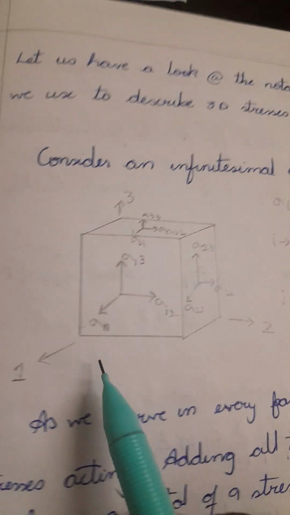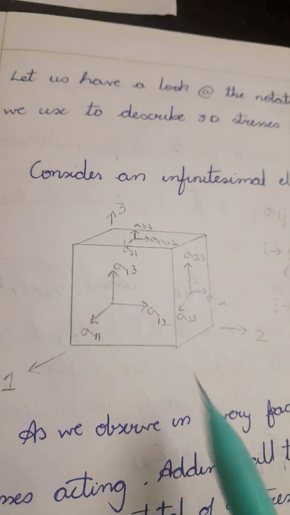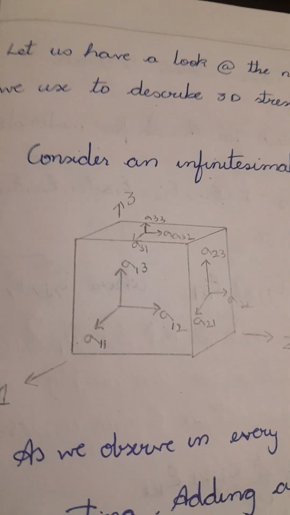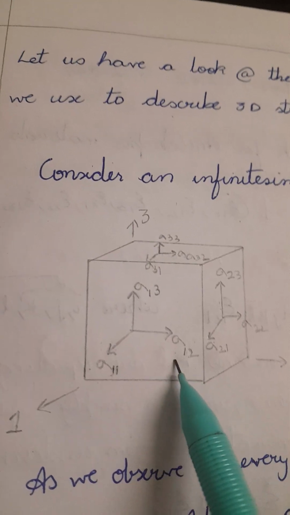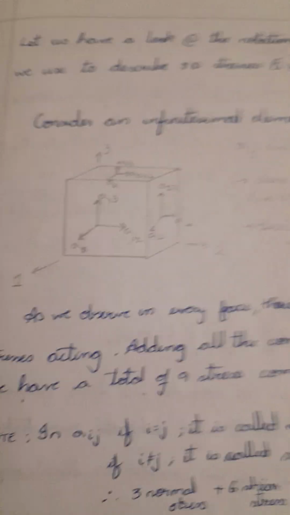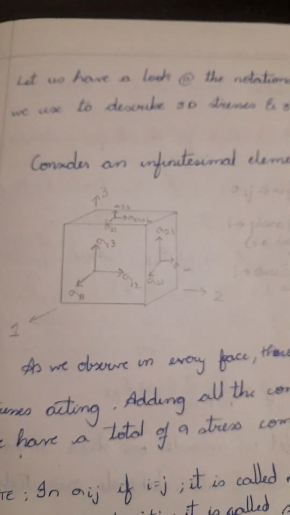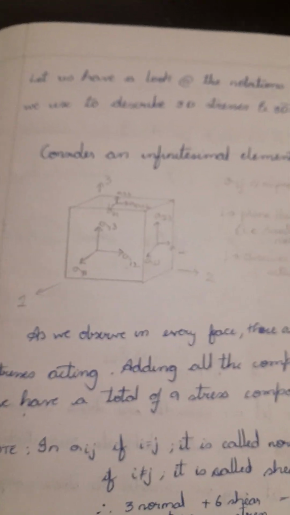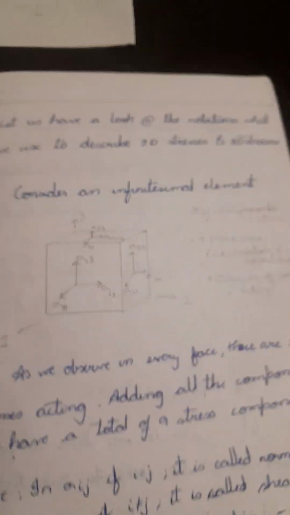If this is a cube and this is the direction x, this is direction y and direction z, I'm representing it with constants 1, 2 and 3. Anything in here, the first index represents the plane the force is acting on, and the second one represents the direction, right? Before I explain this, let me tell you two terms: shear stress and normal stress.